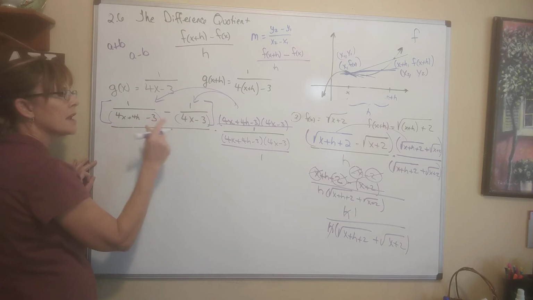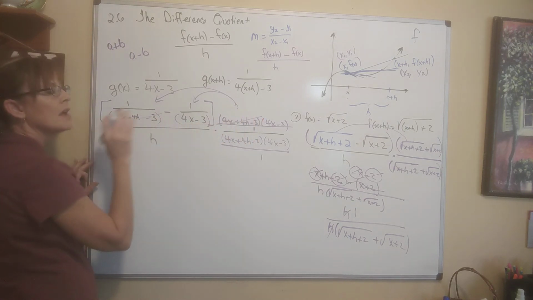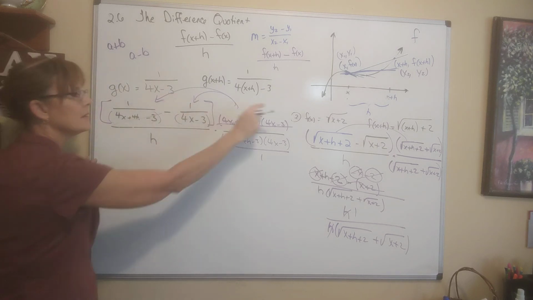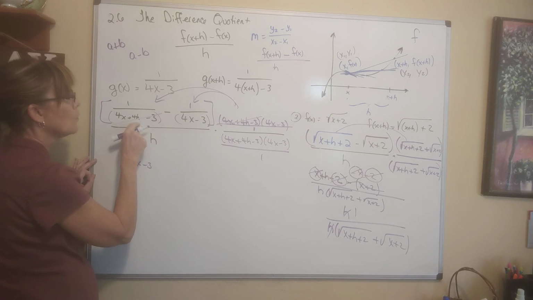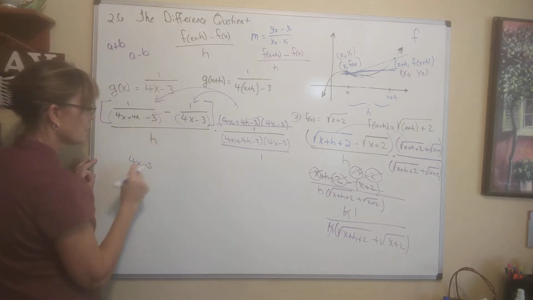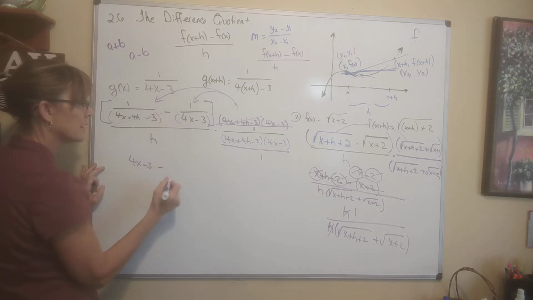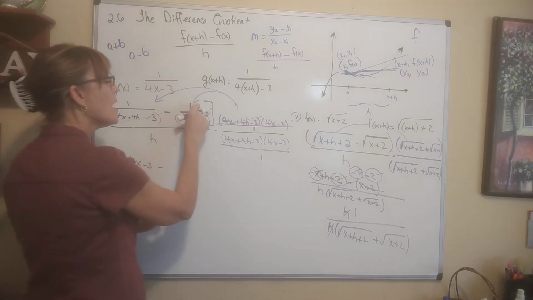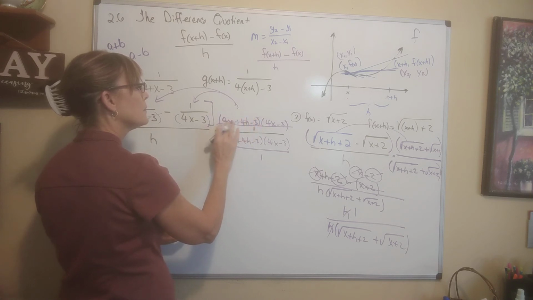This times this, what's going to happen is this term will cancel with that term. So all I'm left with is 1 times 4x minus 3 over 1 times 1. So this is all that's left when I do that first multiplication. Here's my minus sign, minus 1 over 4x minus 3.